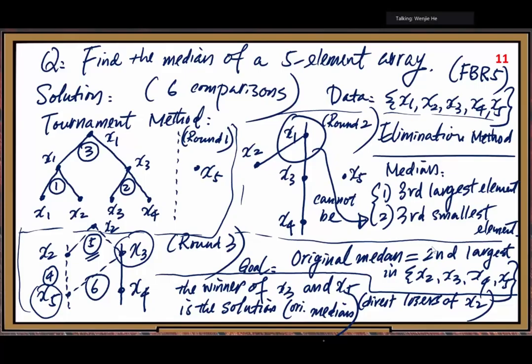Actually, in the second round we just do elimination, we didn't do any comparison. But we do a critical operation, that's the elimination. It's critical for solving this problem, although we do not do any comparison.